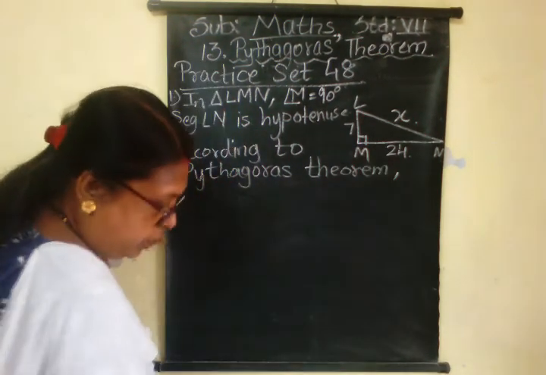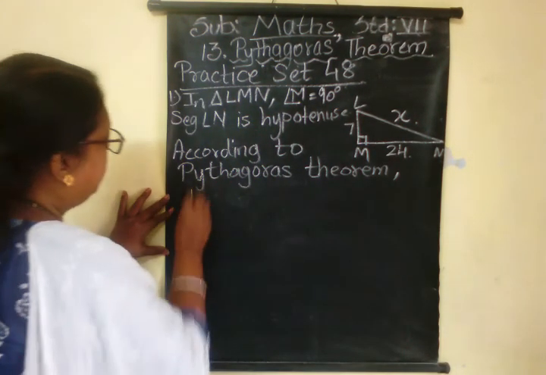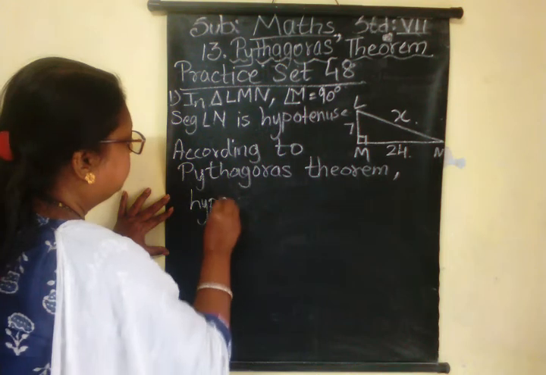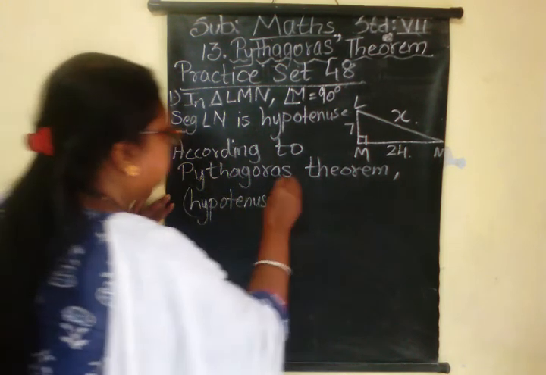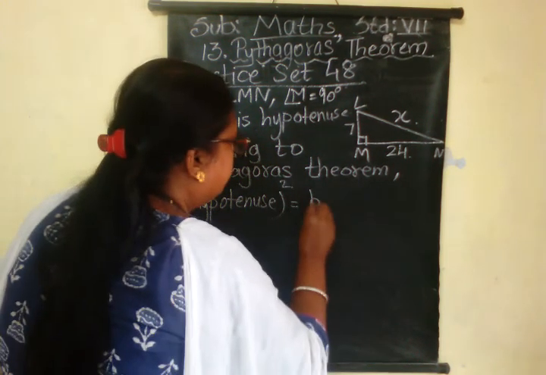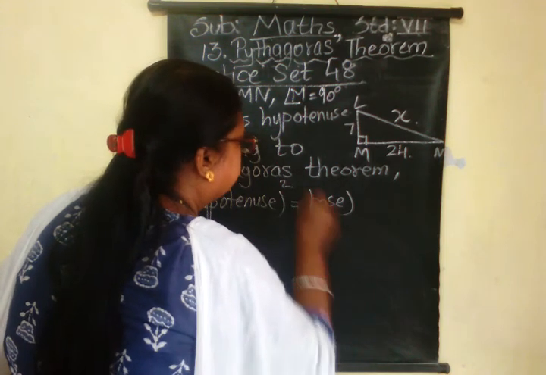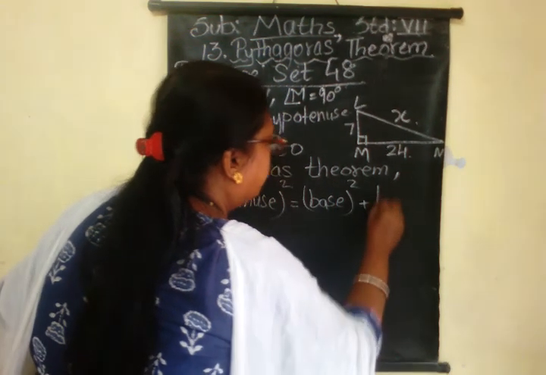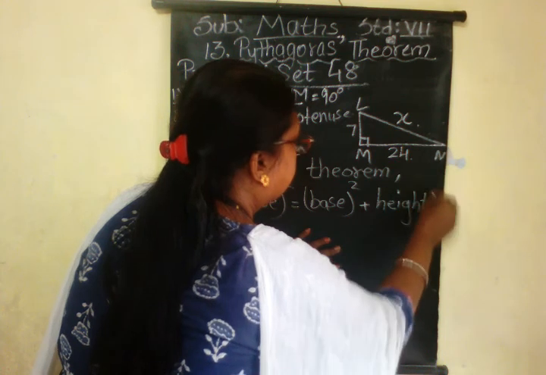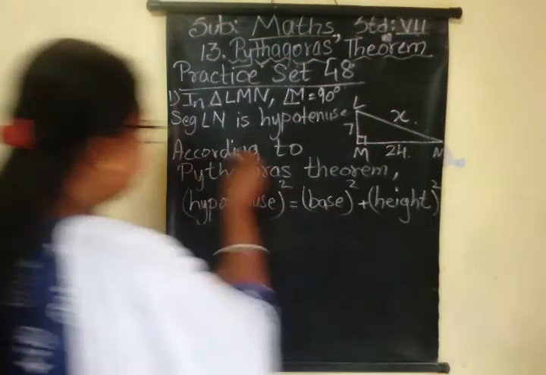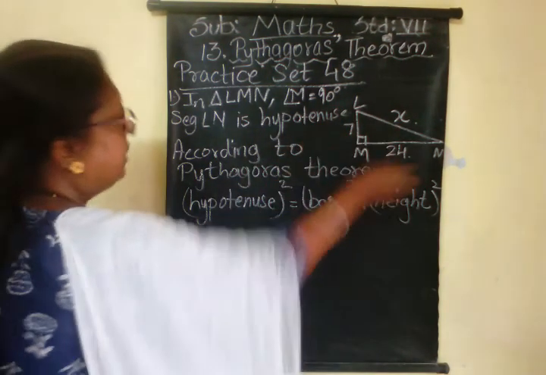you should write the theorem first. Hypotenuse square is equal to base square plus height square. Now as per this, what is our hypotenuse? LN.